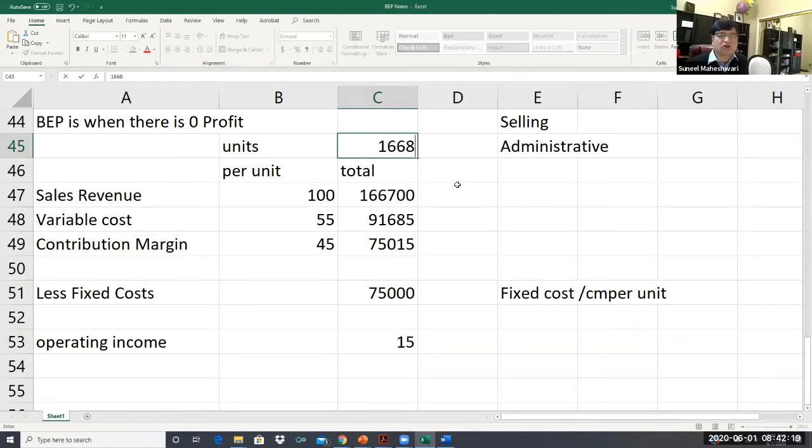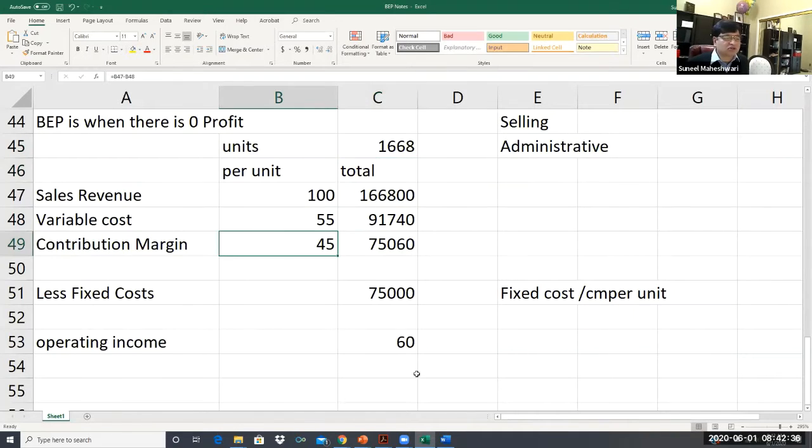Per unit, we are getting a contribution margin of $45. So if I sell one more unit, the contribution margin increases by $45, because all of it adds to your net income. Your variable costs are met, your fixed costs are met. So anything over your break-even point, the entire contribution margin adds to your operating income.